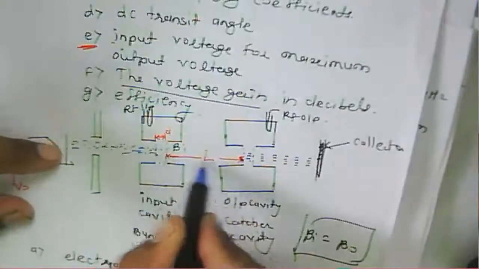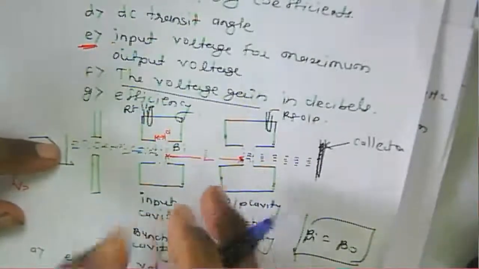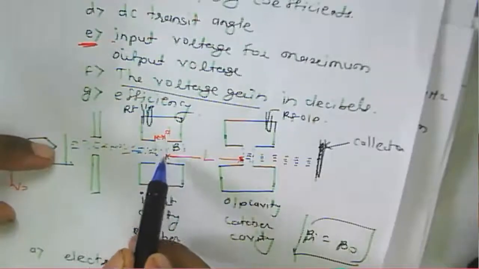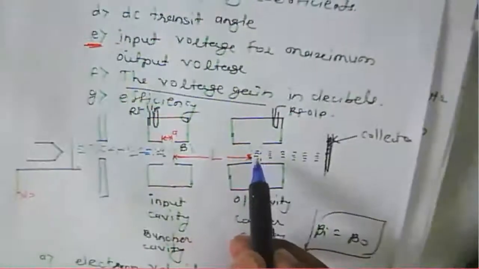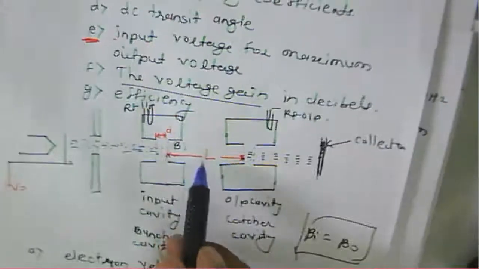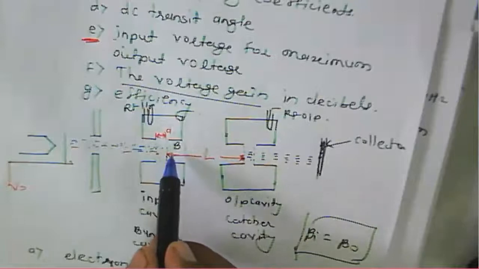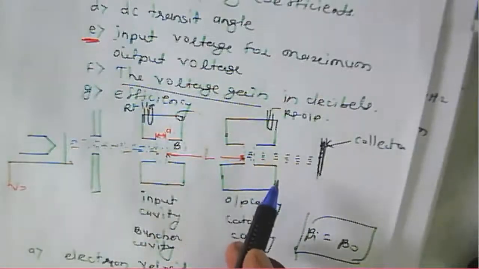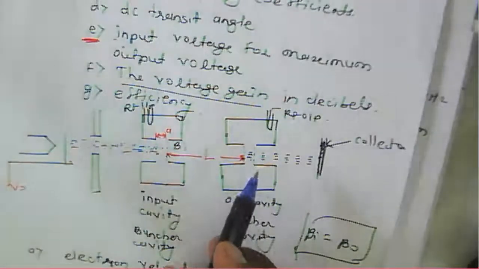We say that L is the drift region length. So bunch formation takes place. These bunches will move towards the catcher cavity. So what will be the minimum distance required for these bunches to travel to the catcher cavity so that we get the maximum output?